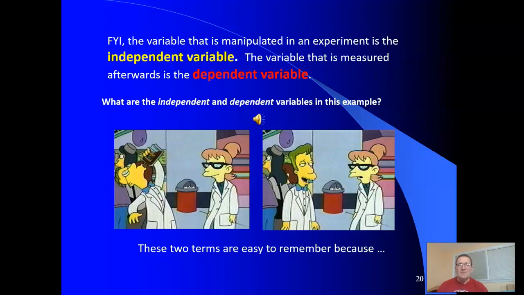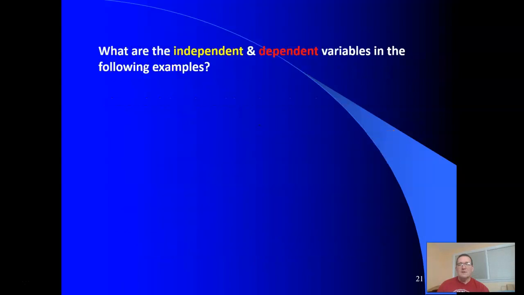And again, that's easy to remember because the dependent variable depends on the independent variable, which depends on nothing except the random flip of a coin or a random number generator, for example. All right, so that's IV and DV. We often abbreviate them IV, DV, independent, dependent, and we're talking about them because we're talking about experiments and random assignment. Okay, I'm going to give you some more examples.